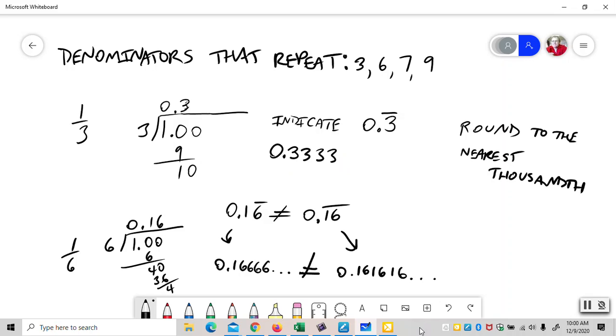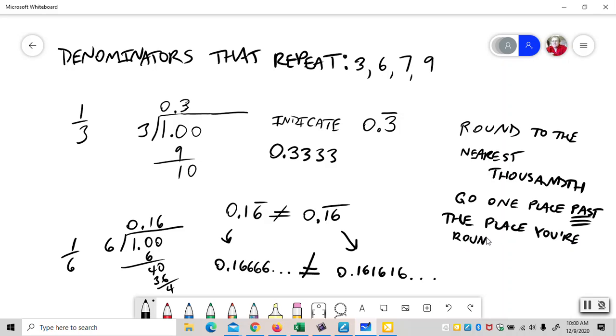You always have to go one place past the place you're rounding to, so that you'll know how to round it.